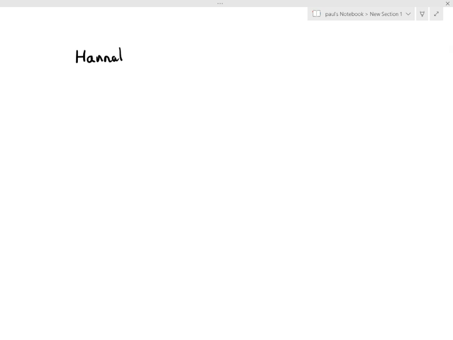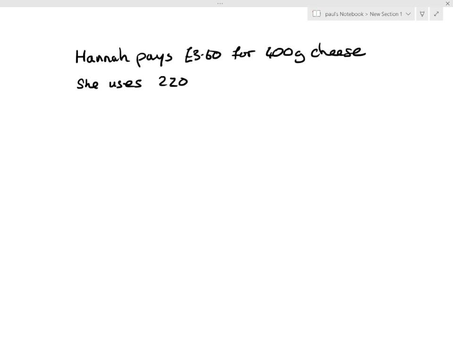Hannah pays £3.60 for 400 grams of cheese. She uses 220 grams to make 4 pasties.